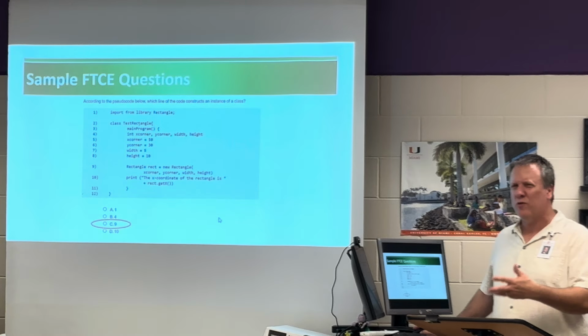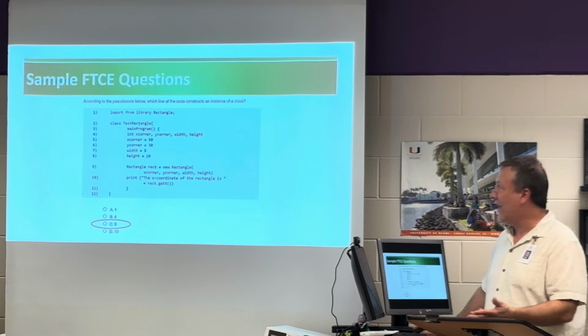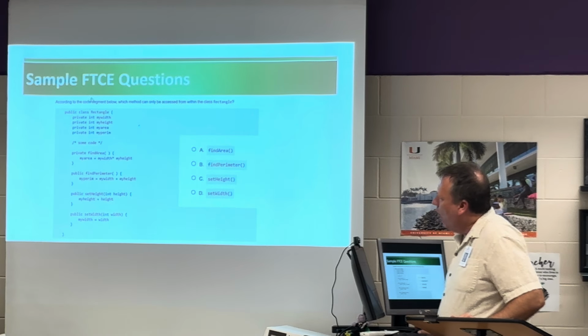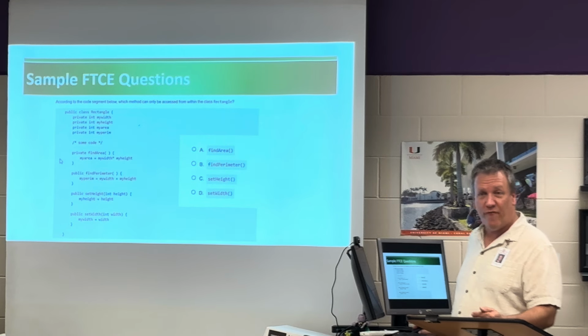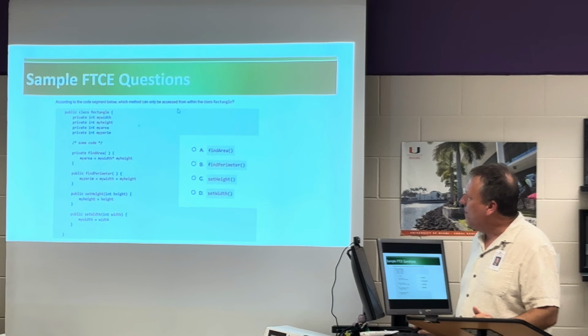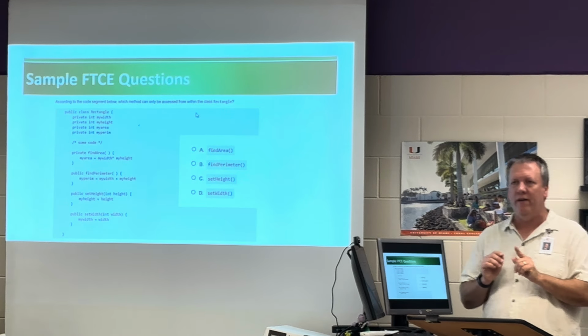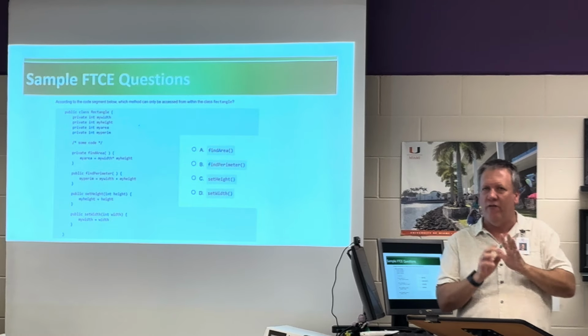Good. These are the types of questions you would ask because, again, you are very well versed now in classes. How about this one? According to the code segment below, which is the Rectangle class, this is the blueprint for the Rectangle class. Which method can only be accessed from within the class? So we said, which method can I not use outside, but I can only use it within the class itself?